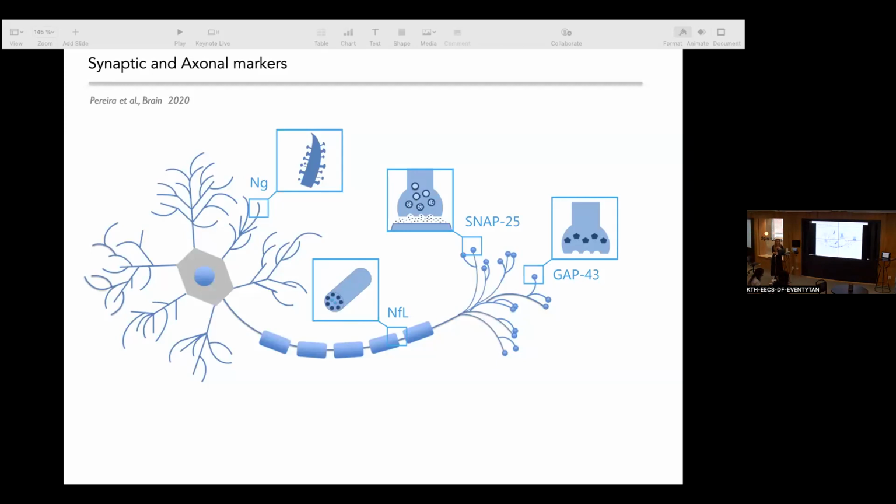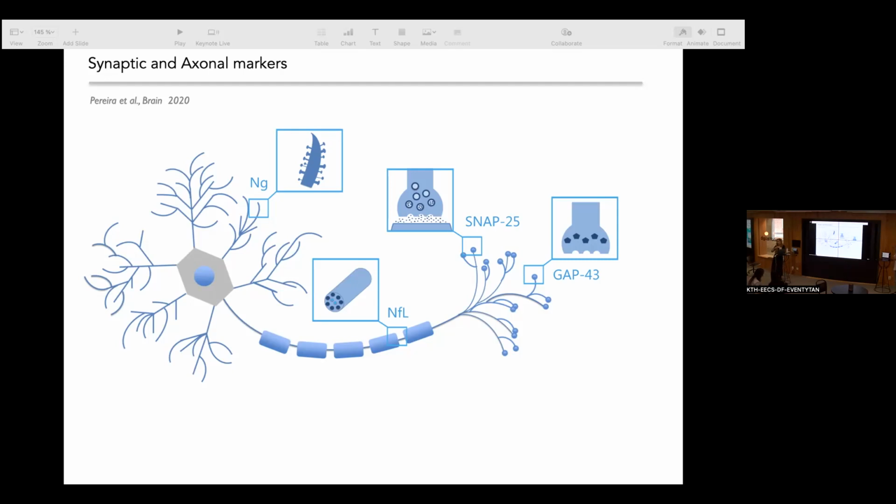Yes, we linked it to many different things. So our main aim in this study was to try to see what is happening in earlier disease stages and late disease stages. Because we know that earlier disease stages are associated with amyloid accumulation and late disease stages are associated with tau accumulation.